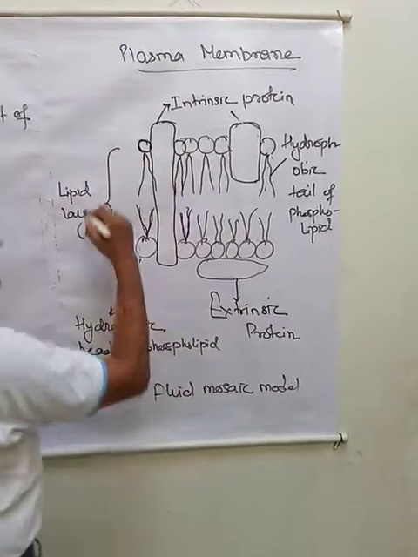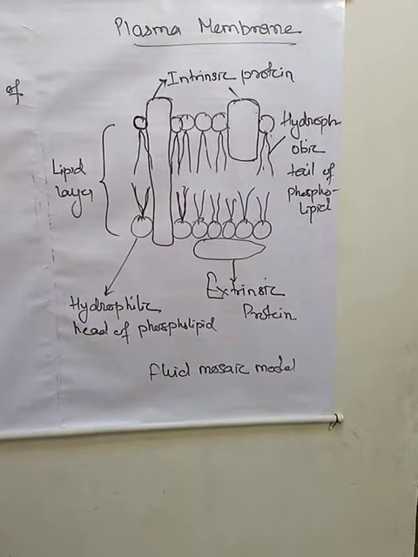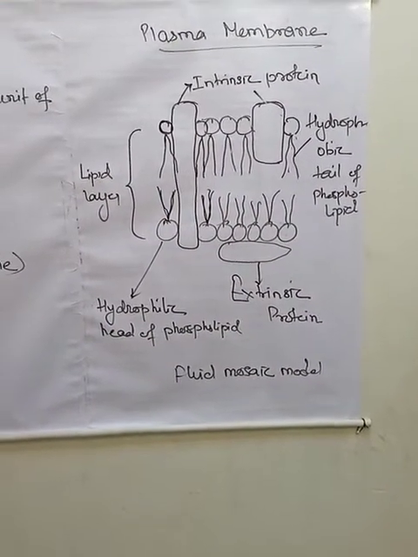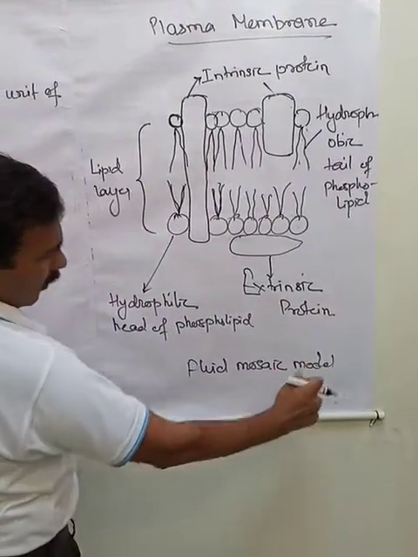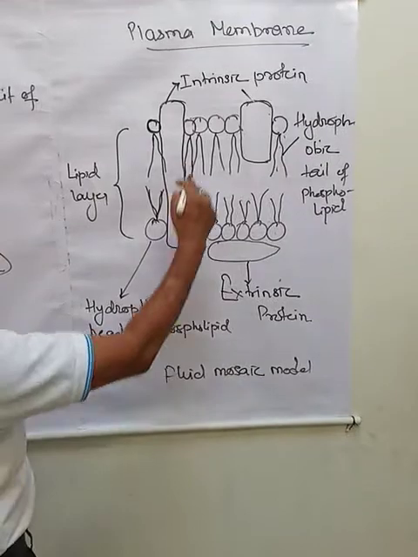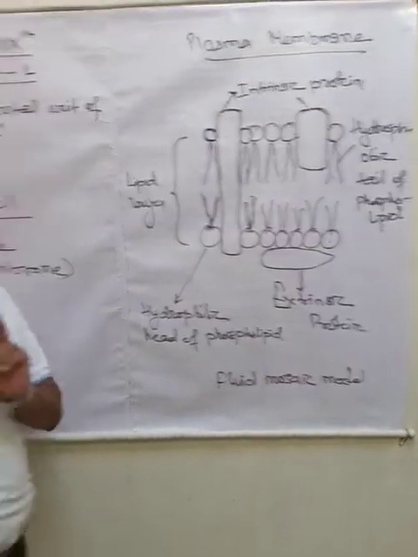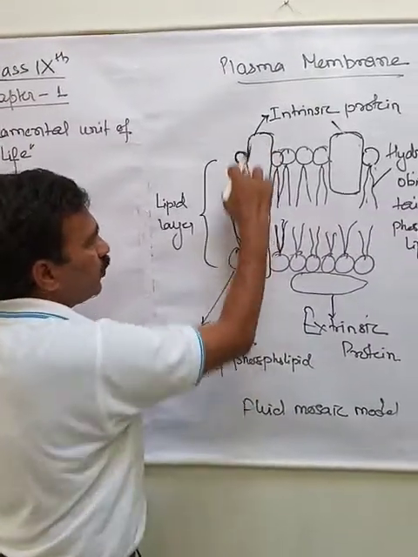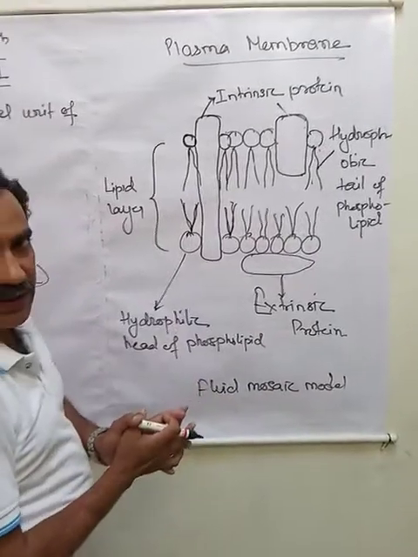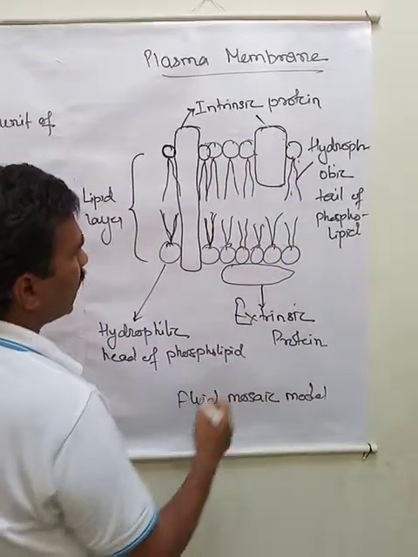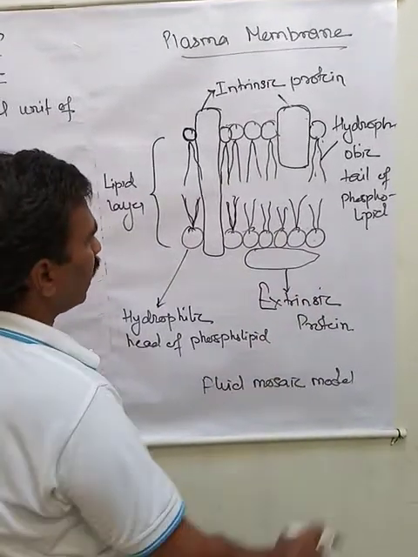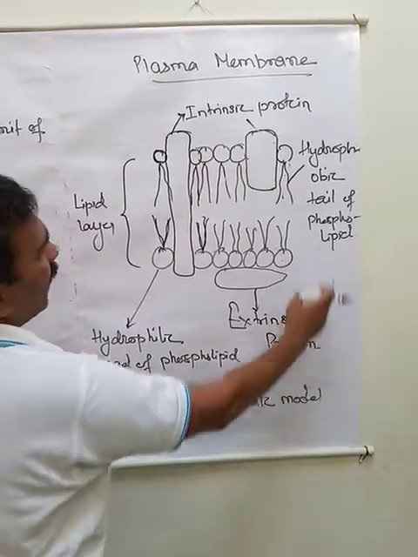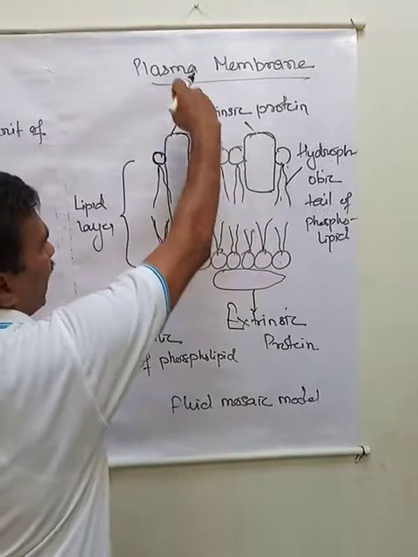So this was the structure of plasma membrane. This model is called fluid mosaic model, and it is also called lipid bilayer because of the two layers of phospholipid in which protein molecules are there. Some protein molecules are outside the membrane, so they are called extrinsic proteins, and some protein molecules are inside.